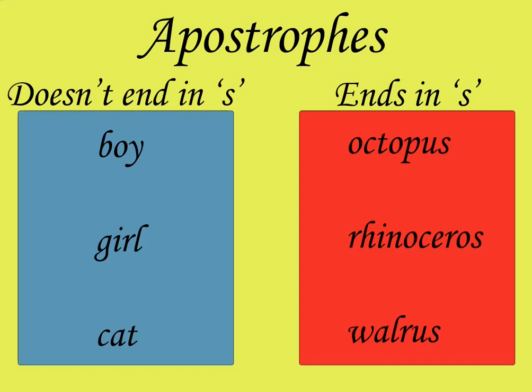For those words which don't end in an S, so here we've got boy, girl and cat, they don't end in an S, we simply add an apostrophe and the S. So boy becomes boy's. Girl becomes girl's. And cat becomes cat's. So we might have the boy's pyjamas, the girl's book, the cat's paws.